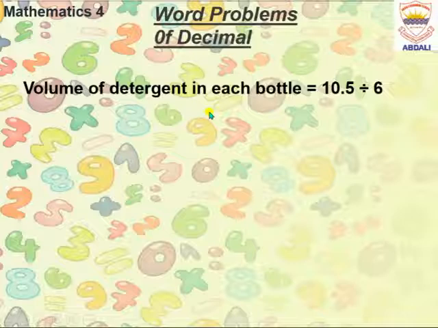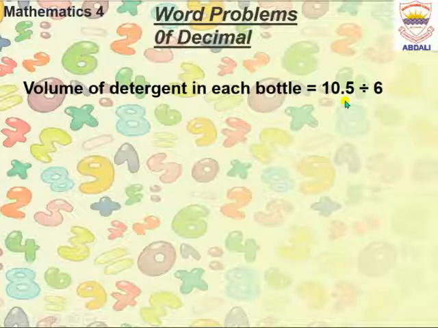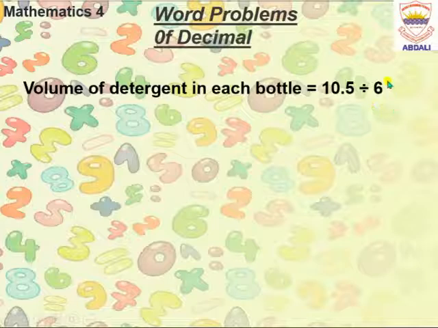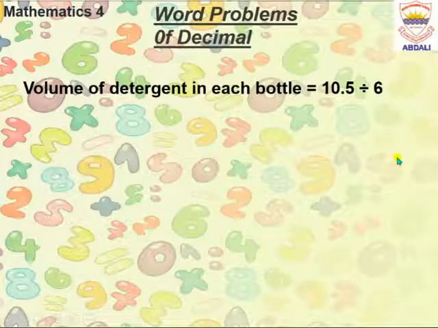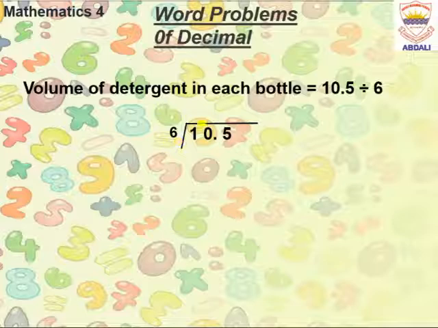So let's find out how much detergent is in each container. Volume of detergent in each container is equal to 10.5 divided by 6, because we have total detergent 10.5 and we have to divide it into 6 containers. So let's do the division. We multiply 6 by 1.